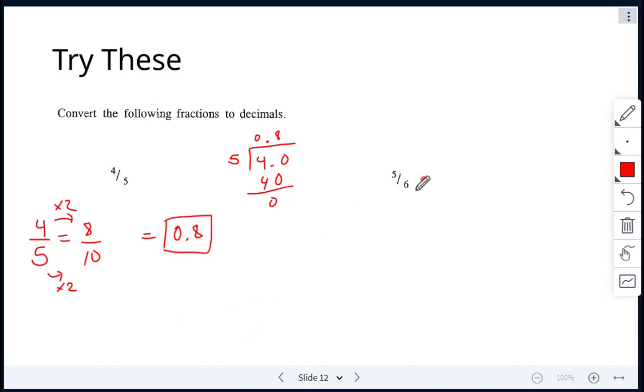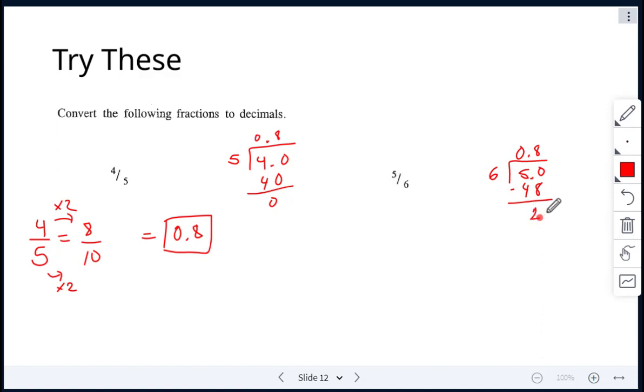All right, 5 over 6. So if we're dividing 5 divided by 6 like this, 6 can't go into 5, so we put our decimal, start adding zeros. How many times can it go into 50? 6 times 8 is 48, and then we start subtracting.